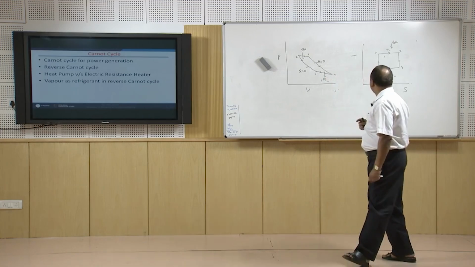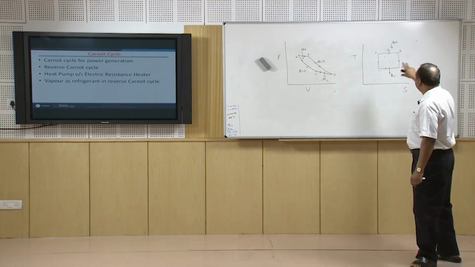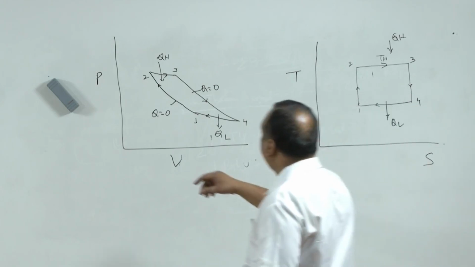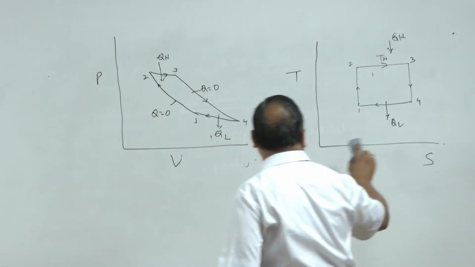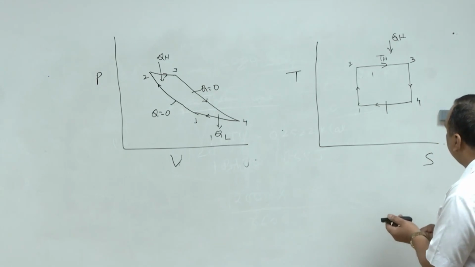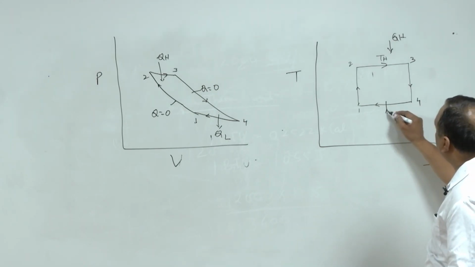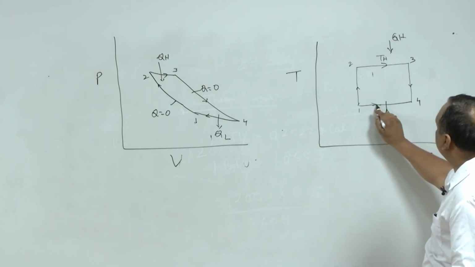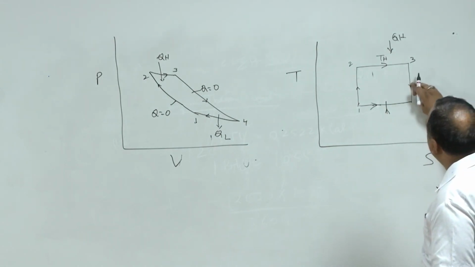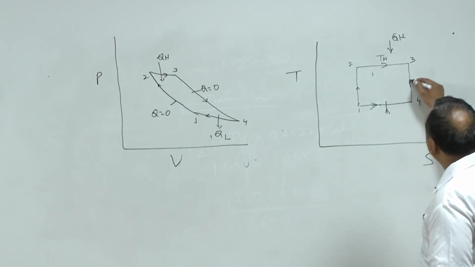In the refrigeration process, if you reverse this cycle, in that case, at lower temperature, heat will be added. Instead of removal of heat, the heat will be added to the cycle, the direction will change. Process 1 to 4, 4 to 3, again the direction will change.